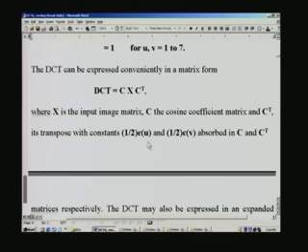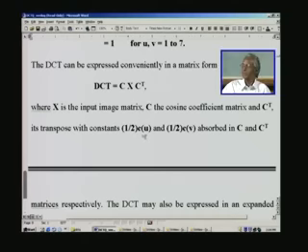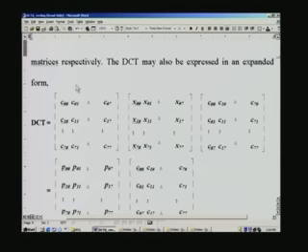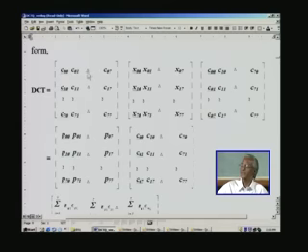This we have already explained in the present implemented algorithm. Half C(u) has been absorbed in C, and the other portion, half C(v), has been absorbed in C transpose here. This can be expanded here so as to get an understanding. There were dots here, unfortunately it got changed, just ignore this.